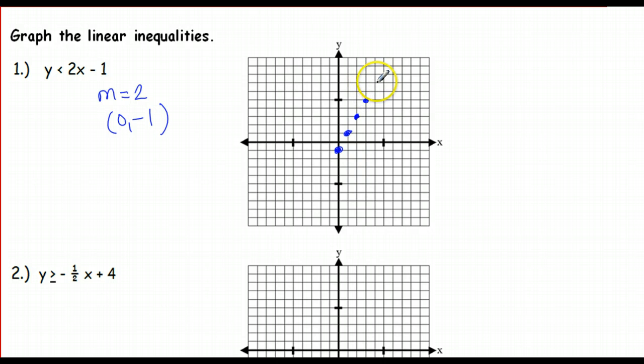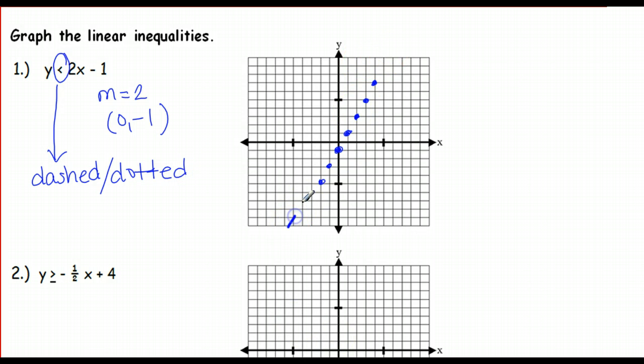Now, once I am satisfied with the number of points I have, I can go the other way too. I'm going to go ahead and draw my line. Now, remember, because this is a less than symbol, we do a dashed or dotted line. So I'm going to connect my points with a dashed or dotted line.